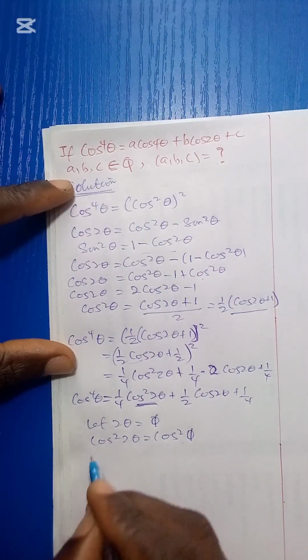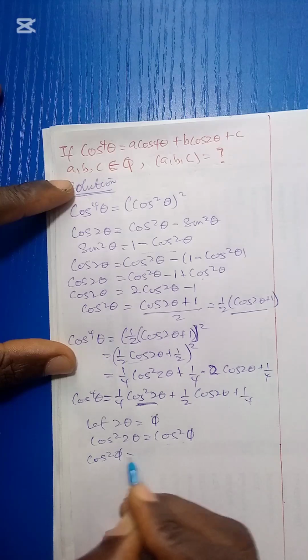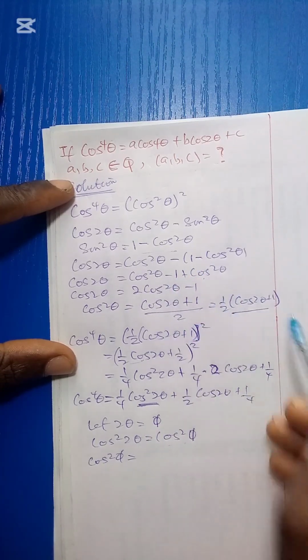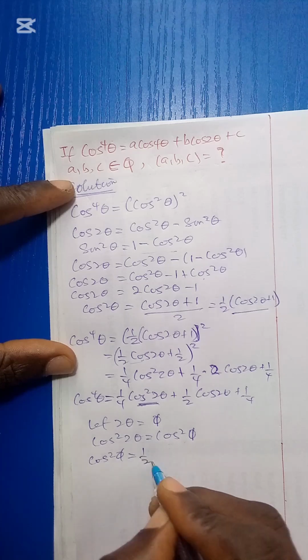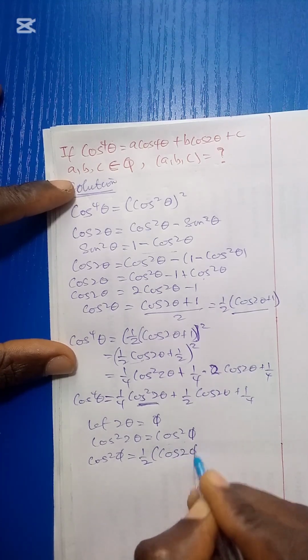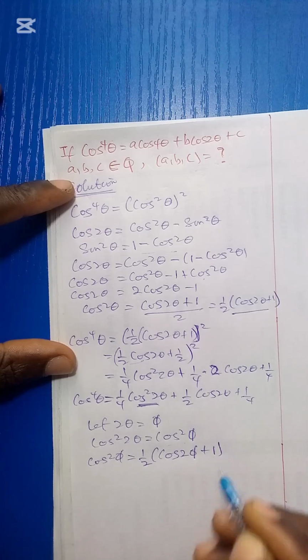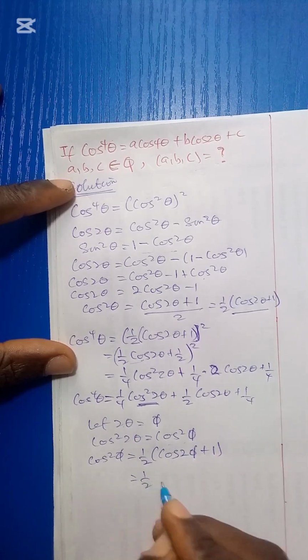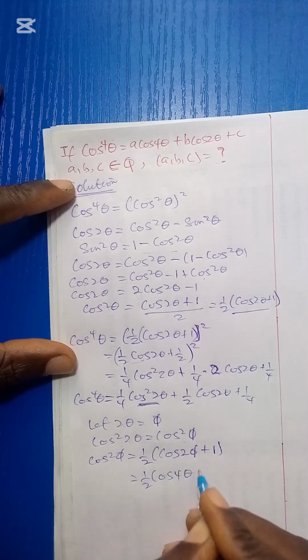That means that cos squared phi will now be equal to 1 over 2 bracket cos 2 phi plus 1. Very good. Now remembering that 2 theta is phi, it becomes 1 over 2 cos 4 theta plus 1.